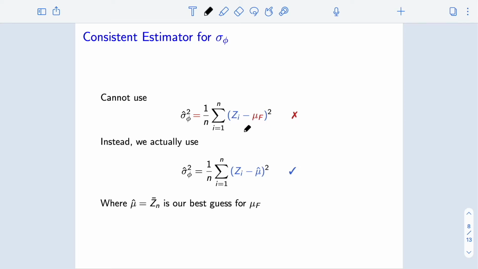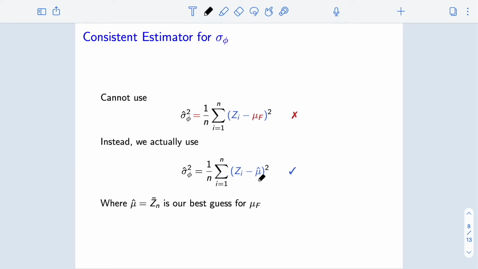So what might we do instead? Well, instead, we might take those parameters of the population that we don't know and plug in estimates for them. So rather than trying to estimate the variance of the influence function as this average of zi minus the true mu squared, we say, okay, we can estimate it using zi minus an estimated mu squared.